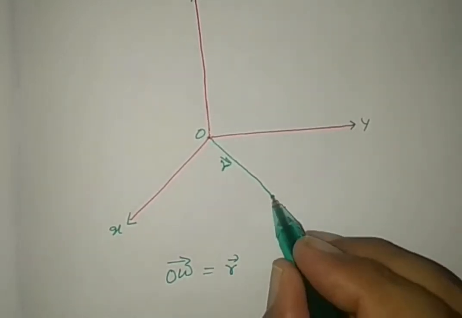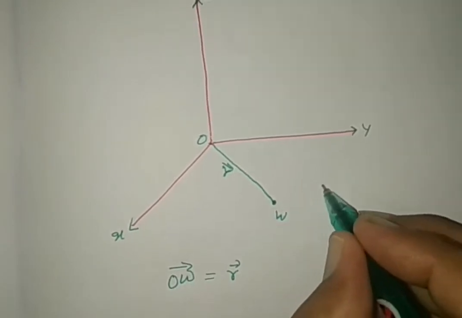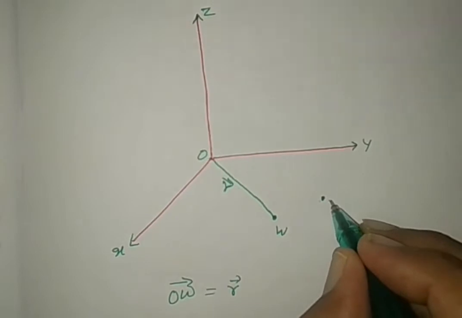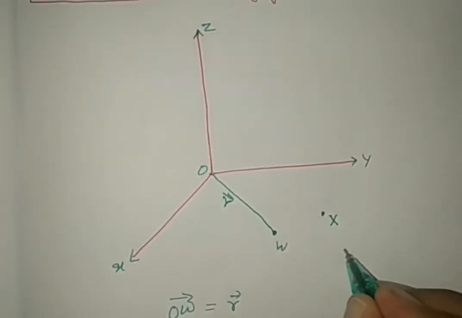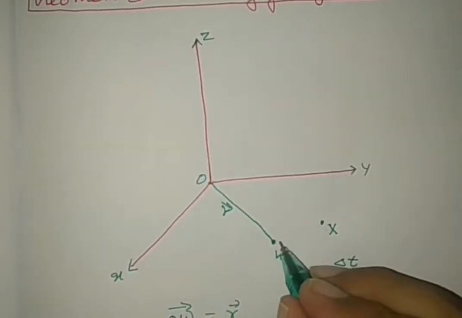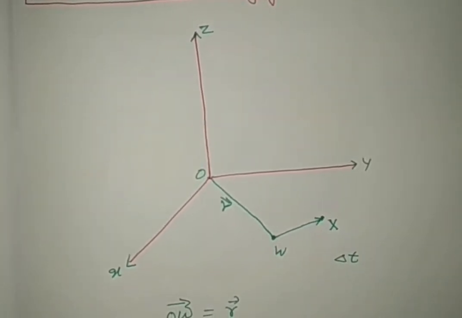Now this particle moves from W to point X in a small time interval delta t. It has moved from here to here, right?